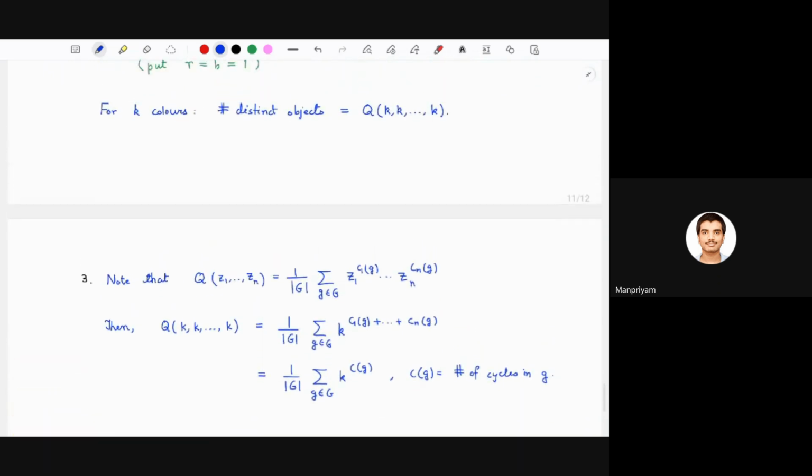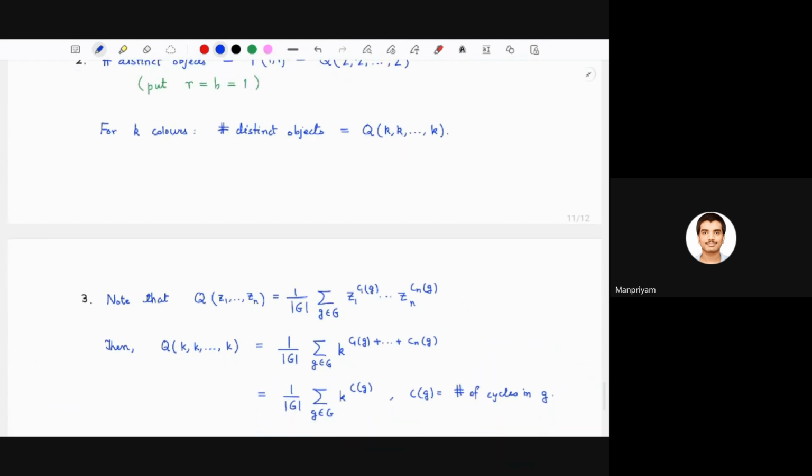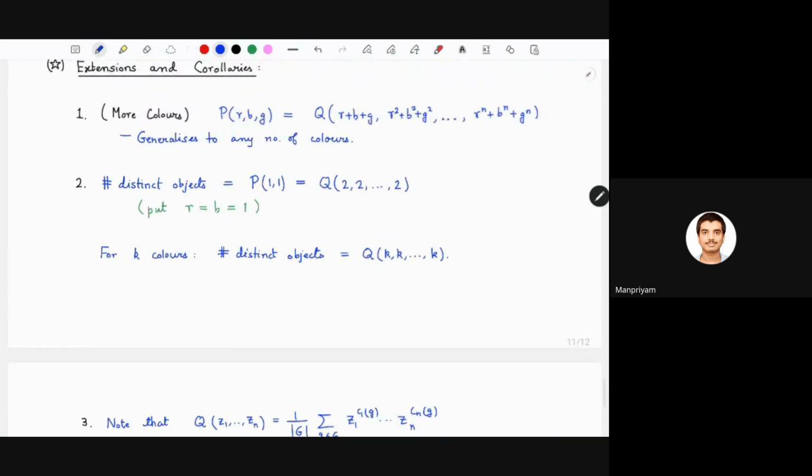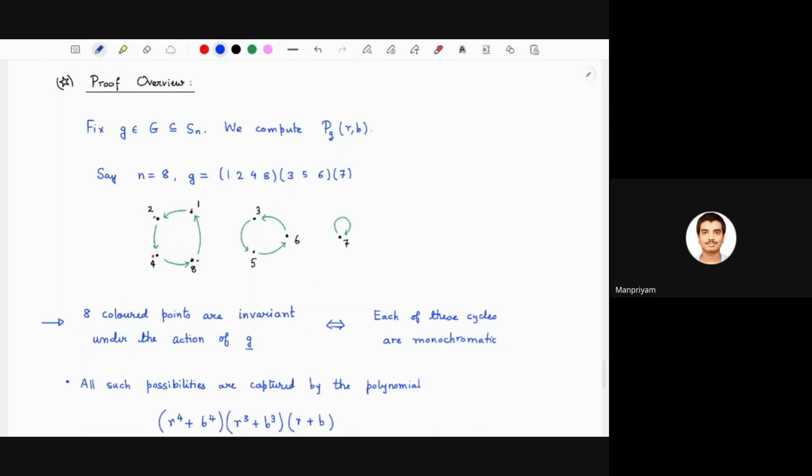Okay, and so that has a nice representation as well. So if Q of Z1 looks like this, then Q of k, k, k would simply be replacing each of these Z1 through Zn by k, and that would be k to the power the number of cycles in G. And that is also intuitive because if we go back to our previous case, the same analysis can be carried out.